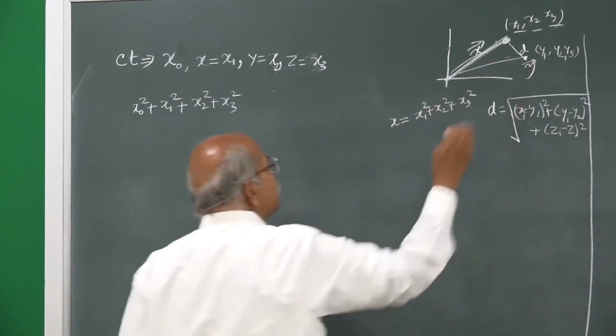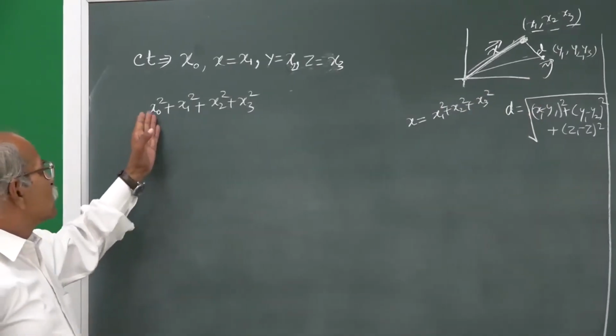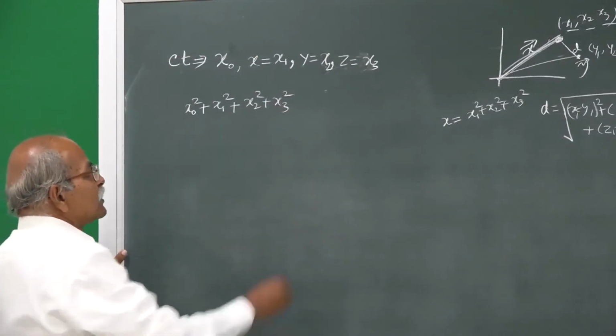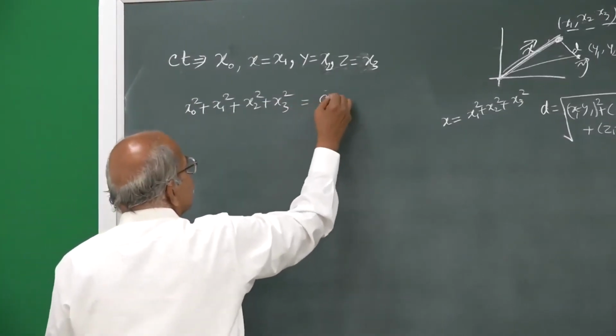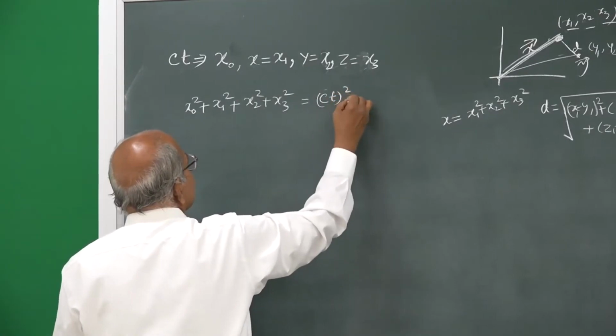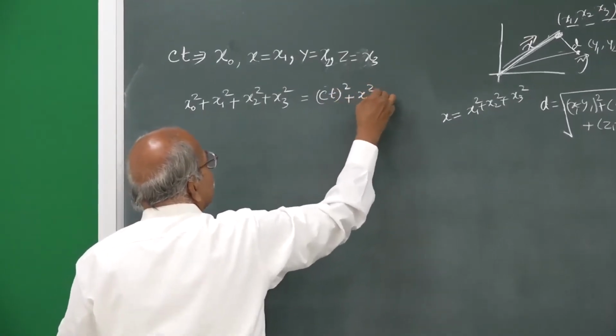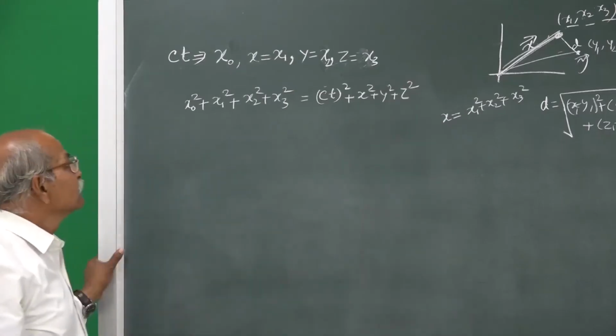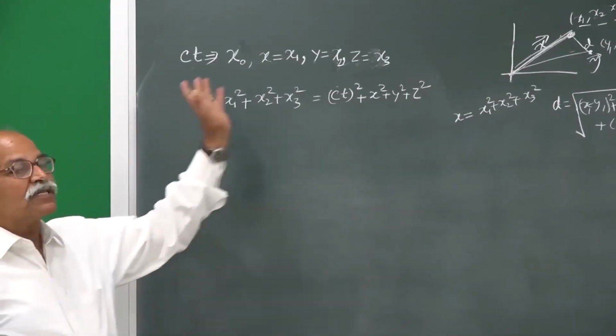In that same spirit, if I square all 4 components and add, in our usual symbols I will get ct square plus x square plus y square plus z square. This will be the magnitude square.